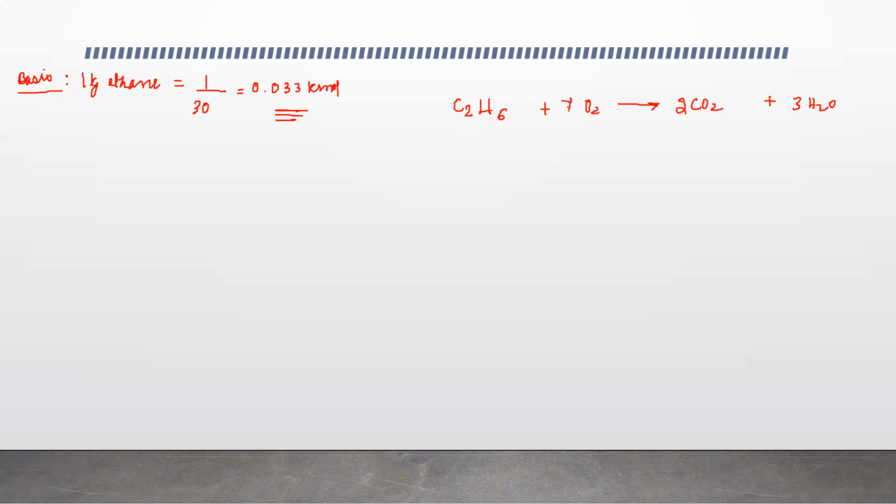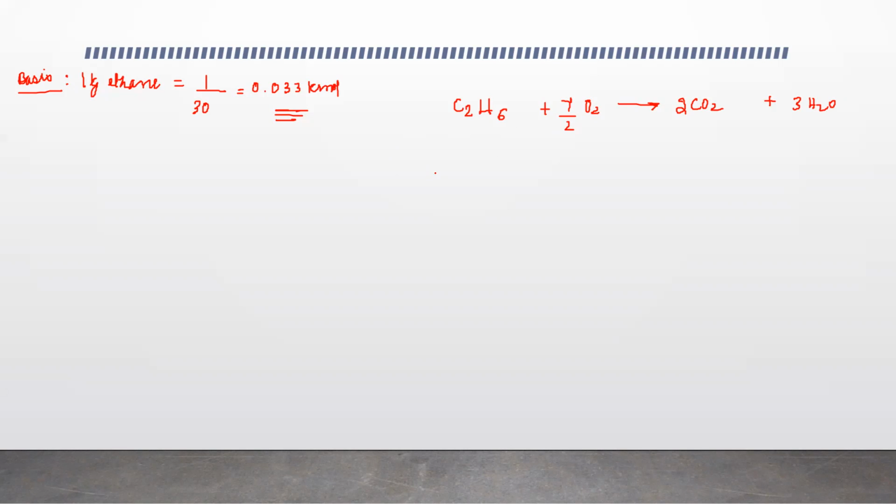This is how I have balanced it. If you want, you can also multiply by 2 everywhere. That is also fine, you will get the same answer. So it's C2H6 plus 7 by 2 O2 gives 2 CO2 plus 3 H2O.